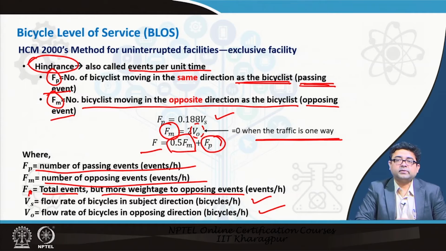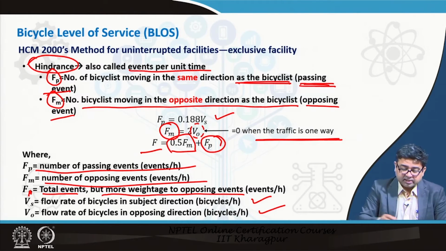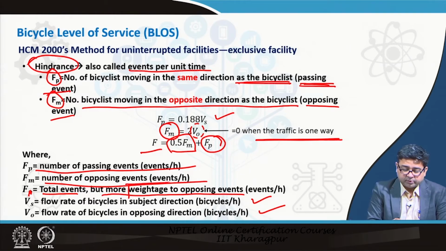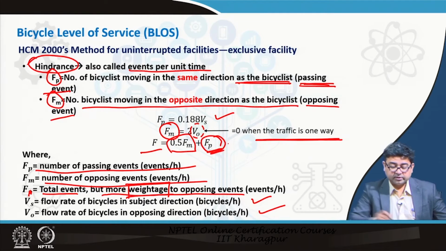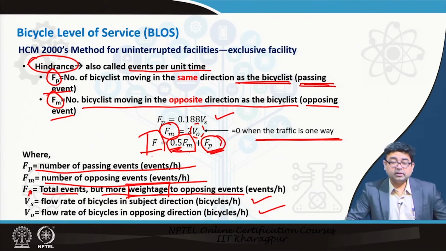When there are a lot of opposing bicyclists in your direction of travel, you tend to ride slower, you feel uncomfortable, you feel unsafe. That is why the weightage to the opposing traffic is higher, whereas Fp, the number of passing events, has a lower weightage. So, 0.5 times Fm plus Fp will give you the total events.